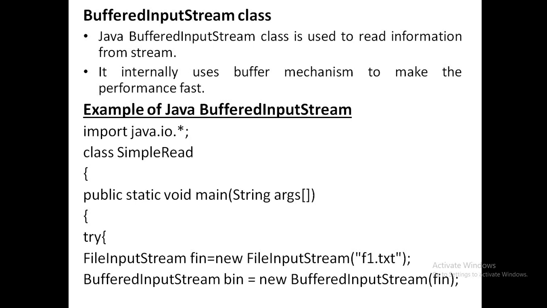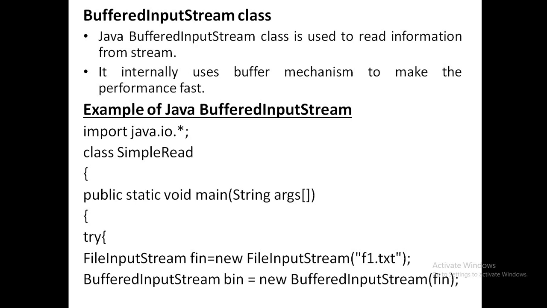Buffered input stream class. The Java buffered input stream class is used to read information from a stream. It internally uses the buffering mechanism to make the performance faster. So here also we are creating an object for file input stream and also for buffered input stream.